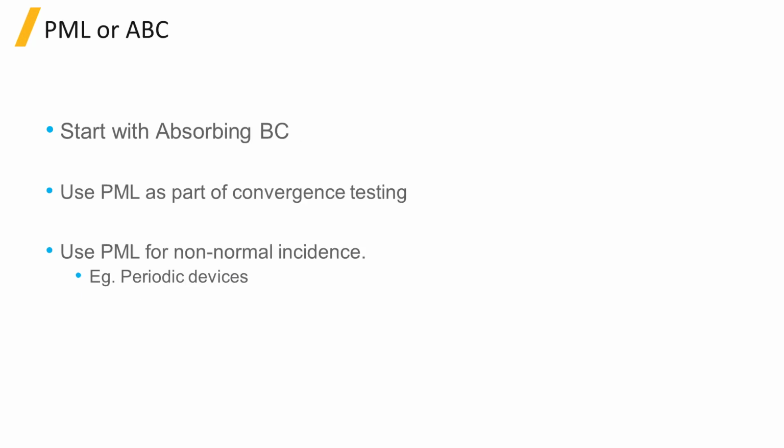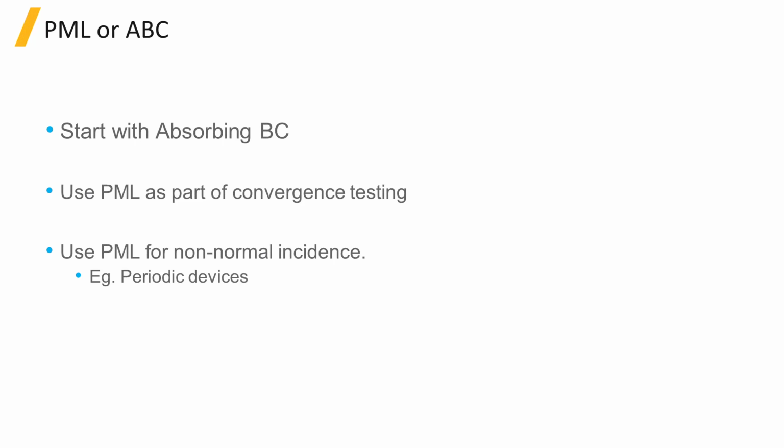We typically recommend starting with absorbing boundary conditions as they are faster and easy to set up. As part of your convergence testing, it's a good idea to try PML to ensure you get the same result. The main exception to this rule is situations where the fields are propagating at non-normal incidence to the boundary. In such cases, PML should always be used.